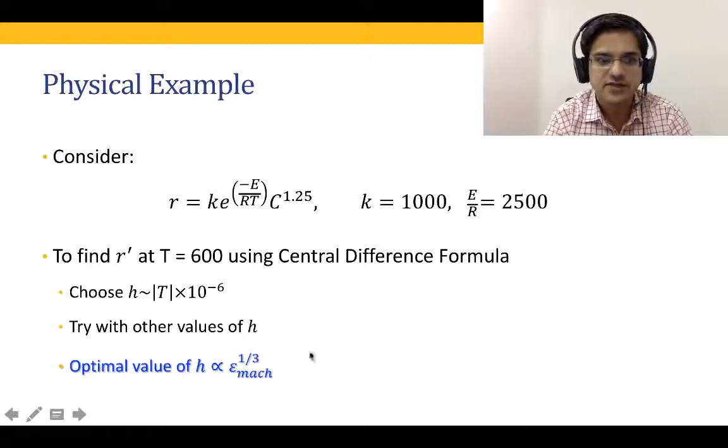We had seen in the previous lecture that the optimal value of h is machine precision to the power 1 by 3 for the central difference formula for f dash of x. This holds when the independent variable is of the order 1. If the independent variable is of a different order, the optimal value of h changes accordingly.